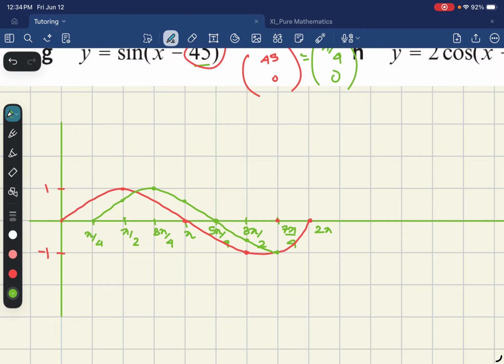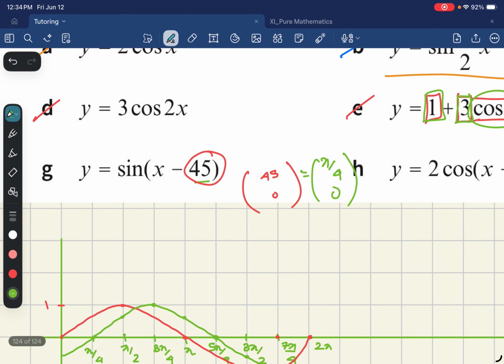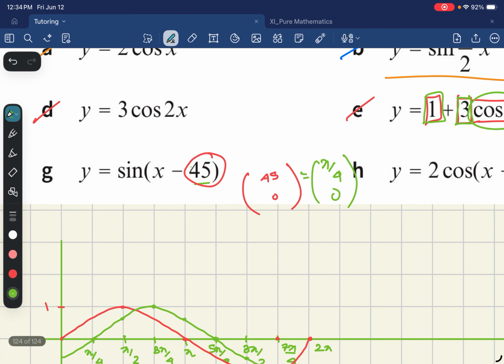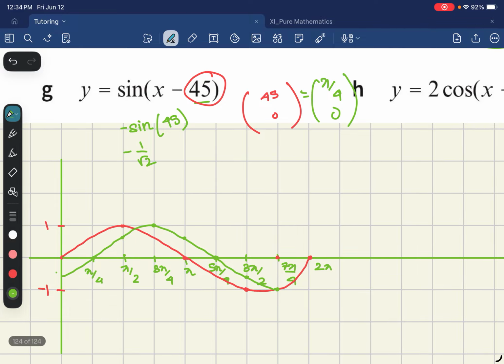So let's connect what we have. And now we need to draw the remainder, right? So how is the remainder of the graph gonna look like? Well, it's gonna look something like this. Because if you plot 0 here, you get sine negative 45. And sine negative 45 is negative 1 by root 2, so it's going to be greater than negative 1.